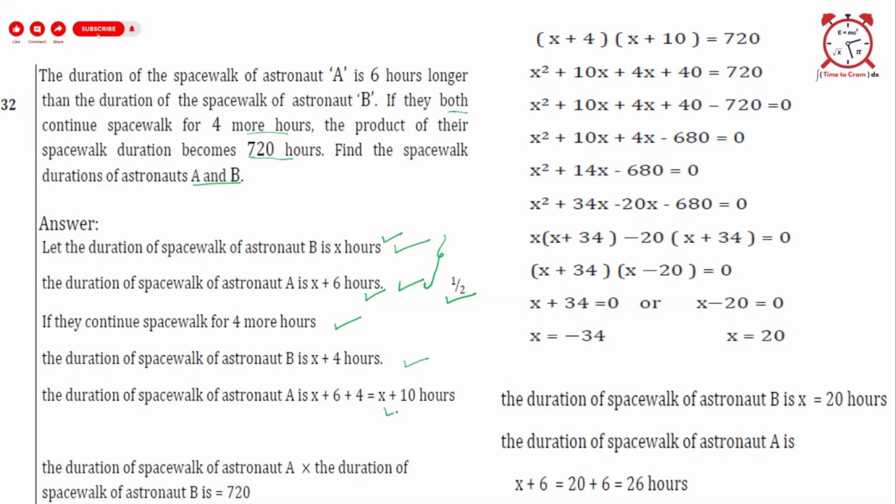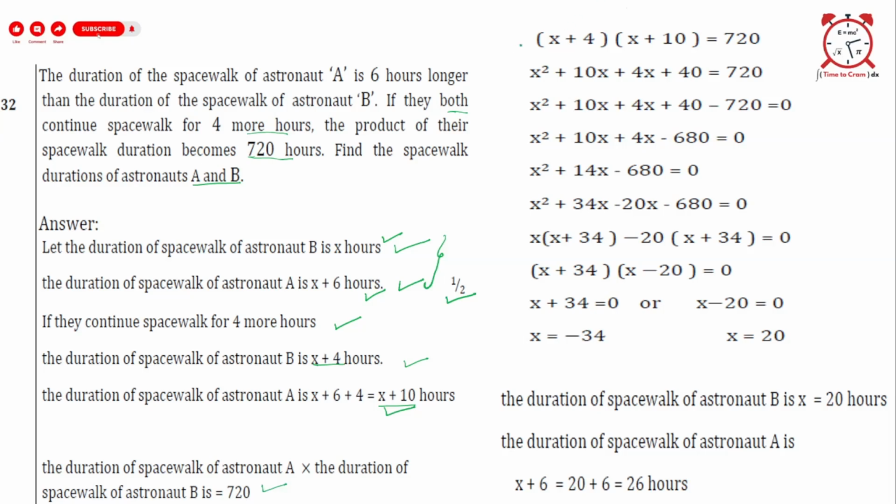So their respective durations of spacewalk become x plus 4 for B and x plus 10 hours for A. Now the duration of spacewalk of astronaut A multiplied by the duration of spacewalk of astronaut B is 720. It is given here, their product.